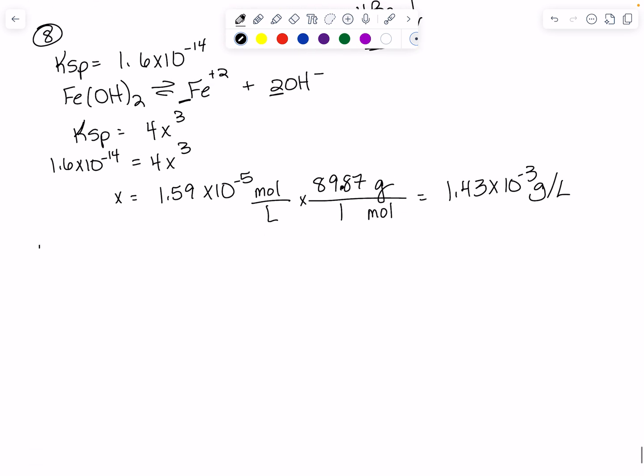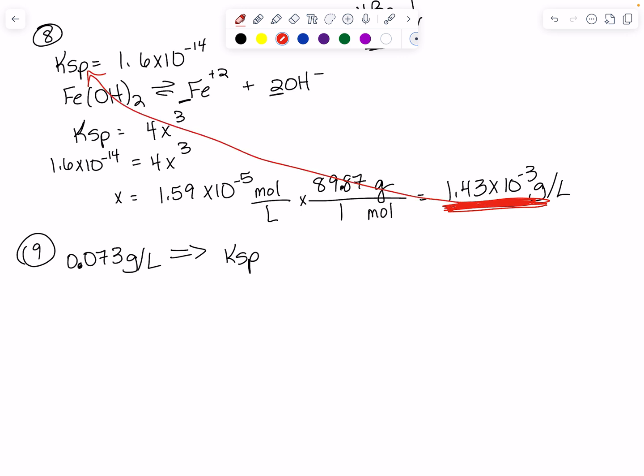Number 9 gives you a solubility of 0.073 grams per liter and says calculate the KSP. Do y'all see that number 9's opposite? Like in number 8, it starts you here and asks you to go back to that.